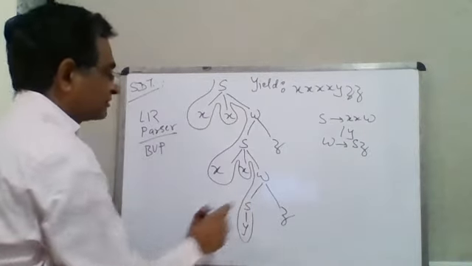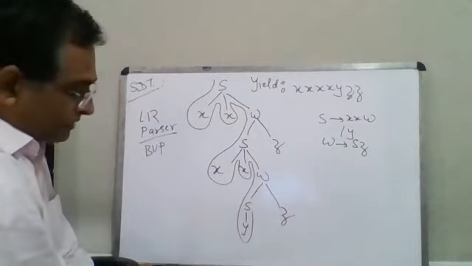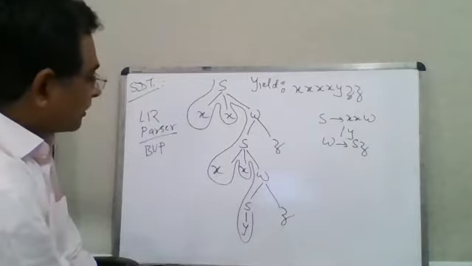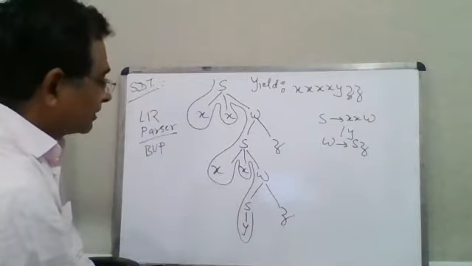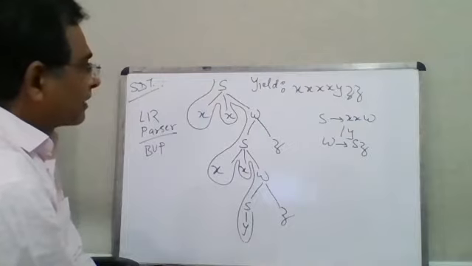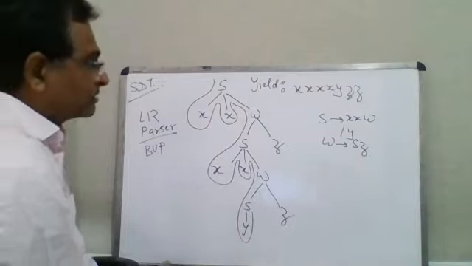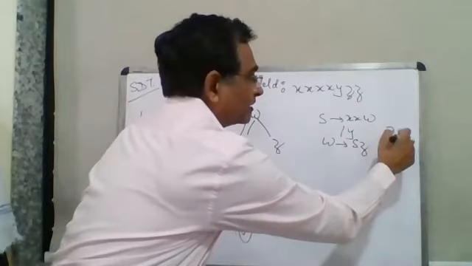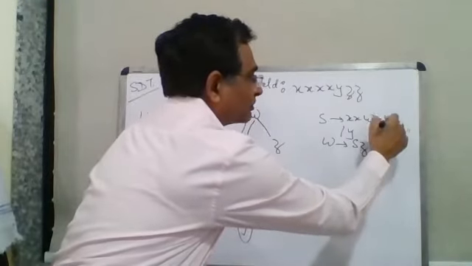So this is the first place where S tends to Y. So this is the first reduction which is going to take place, right? So S tends to Y, and when there is S tends to Y production, it is printing 2, right? So it is printing 2. This was printing 1.